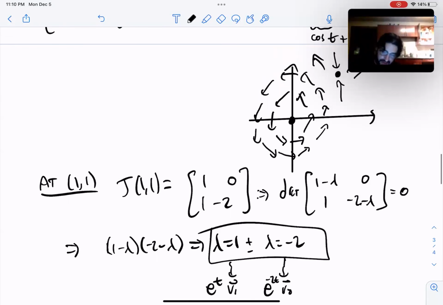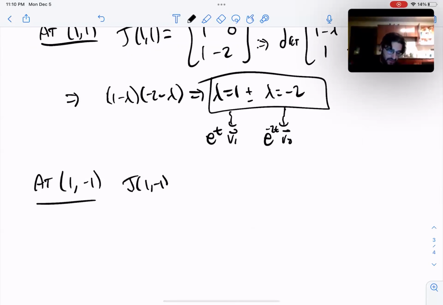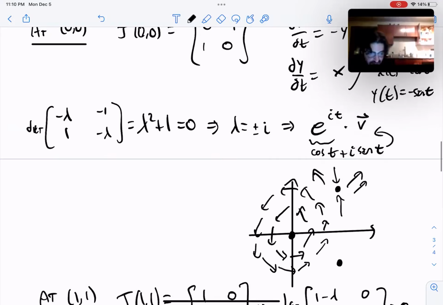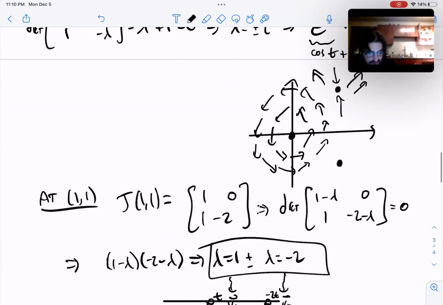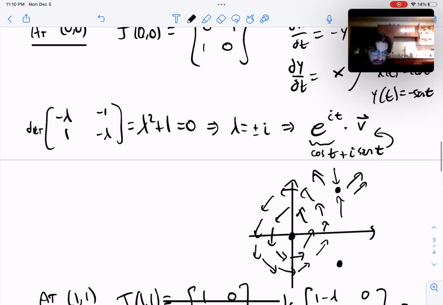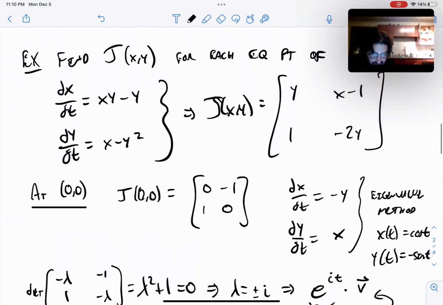Okay. Now we also have to do minus 1, right? So at 1, comma, minus 1, what do we have? Now the equilibrium point is 1 at minus 1. Let's plug that into our Jacobian up here. What do we get?